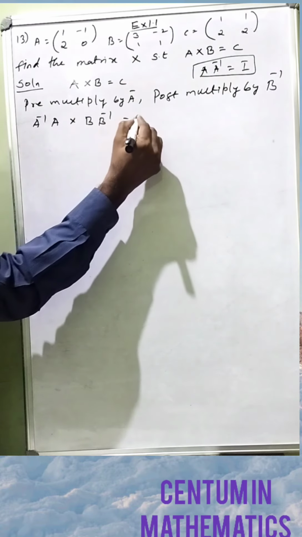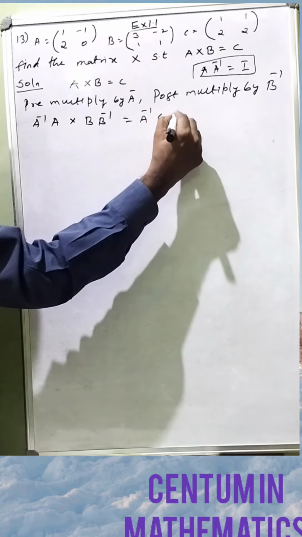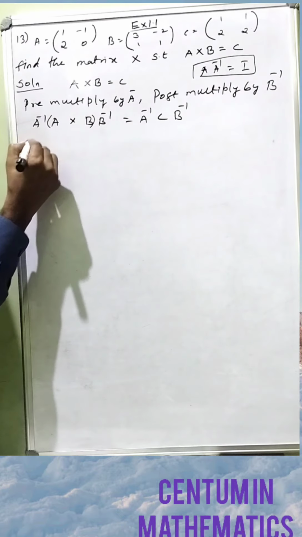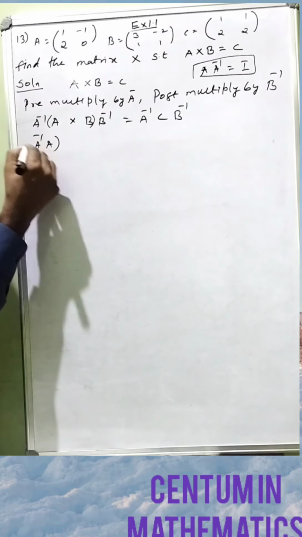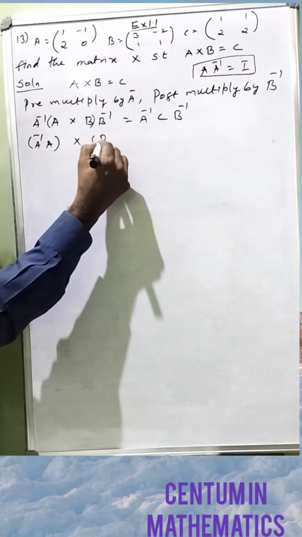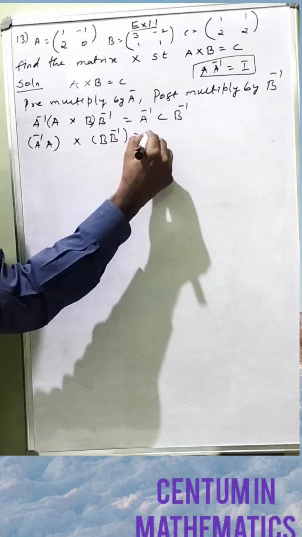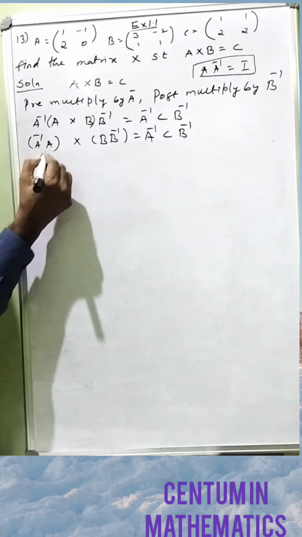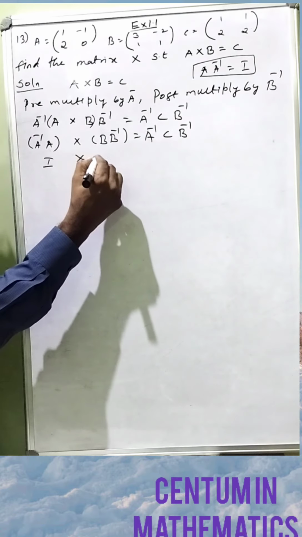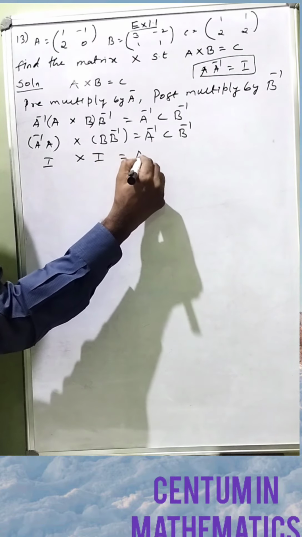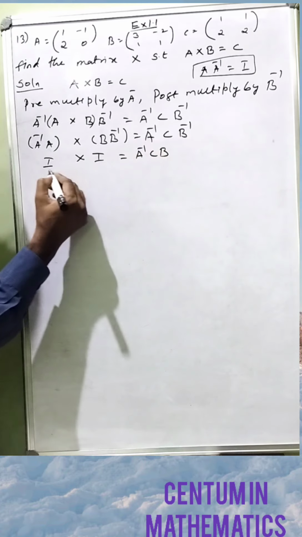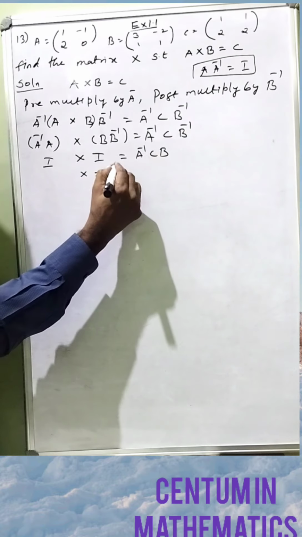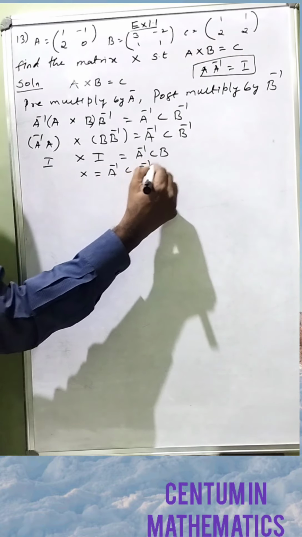So here pre-multiply A inverse C into B inverse. So we multiply this. Now A inverse A X B inverse equal to A inverse C B inverse. So already you know that A inverse A equal to matrix I, B inverse B equal to I. So we multiply anything with the matrix I, we get same matrix. So X equal to A inverse C B inverse.